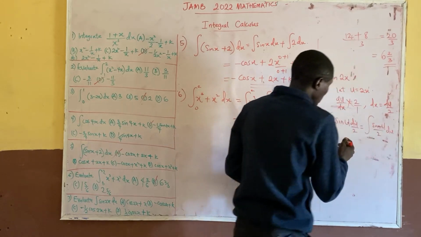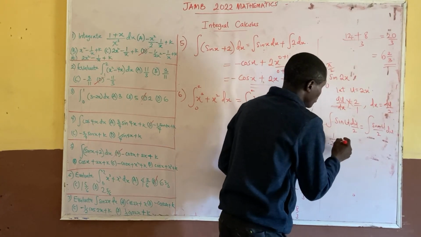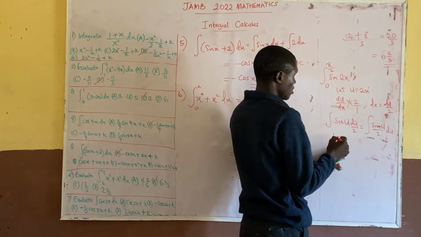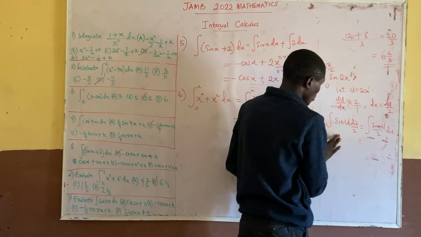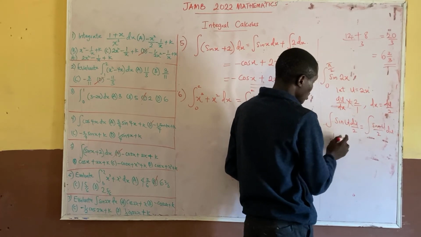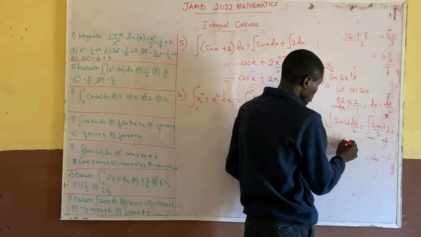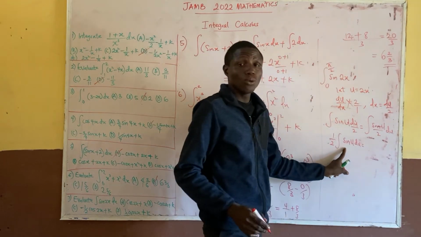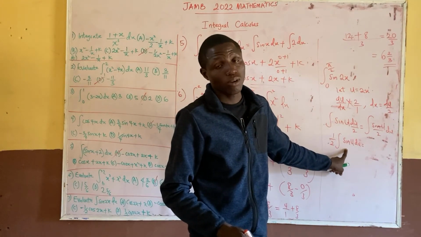You can bring the constant out and have 1 over 2 times the integral of sine u du. The integral of sine u is minus cos u.